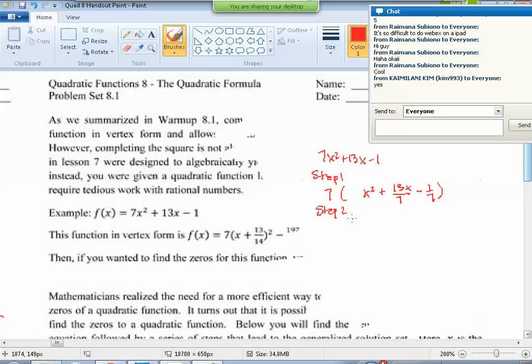I'll show you: 7 times the quantity x squared plus 13x over 7 minus 1/7, close parentheses. I didn't change anything. All I did was put in some random spaces. And Brandy totally got it, she knows what I'm going to do if you put the space in there.